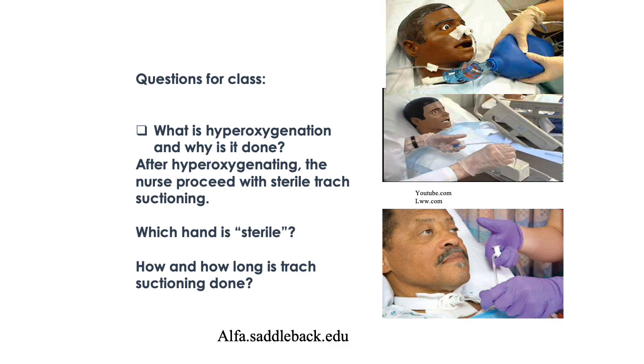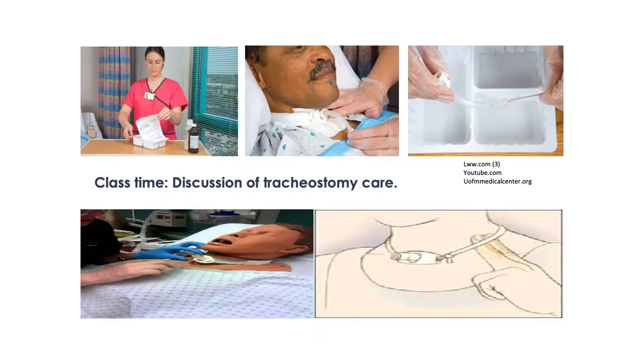And how long trach suctioning is done, how often can it be done, what guides when it is done, those assessments that we need to do for a patient prior to actually suctioning. And then we'll also, again, focus on tracheostomy care, how it's done, precautions to take, things to look out for.